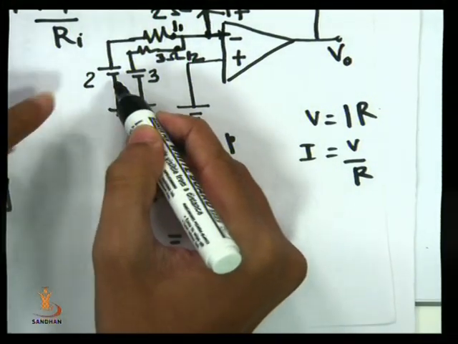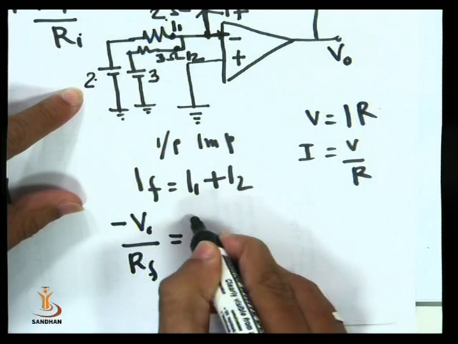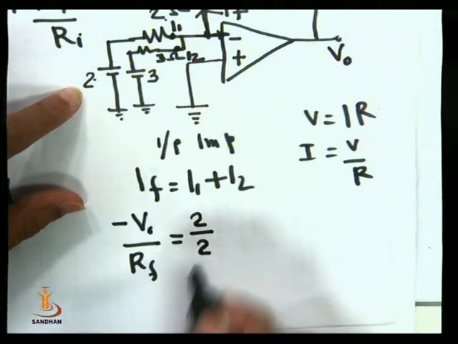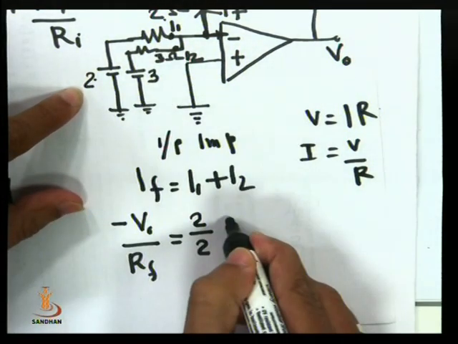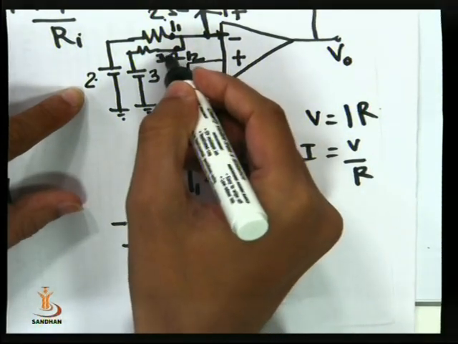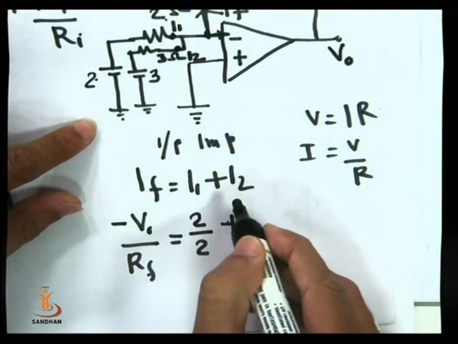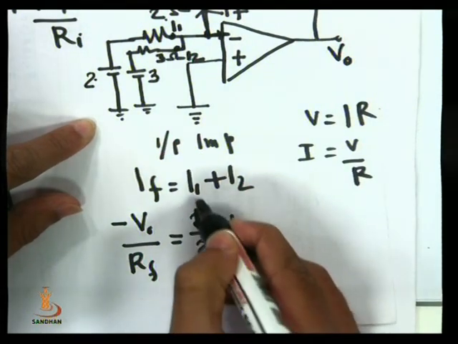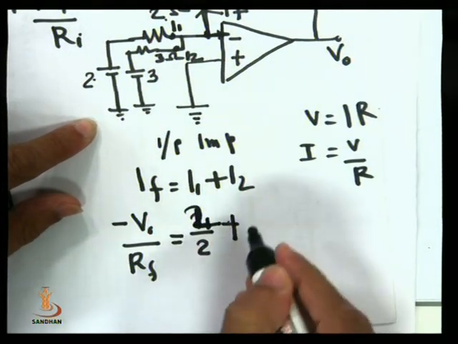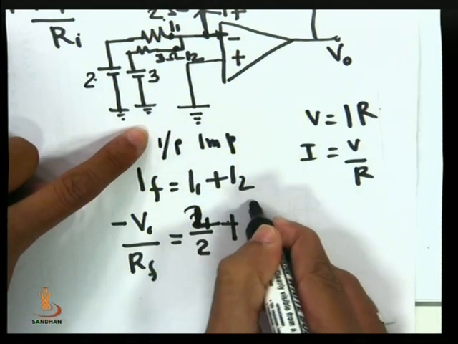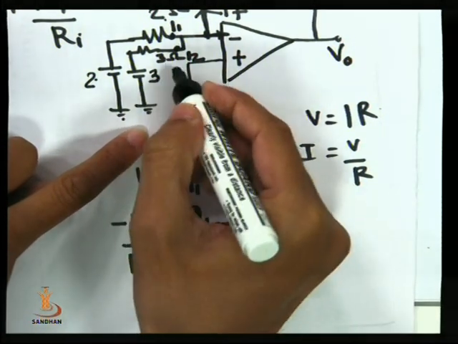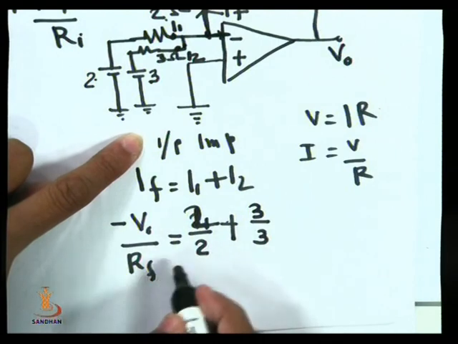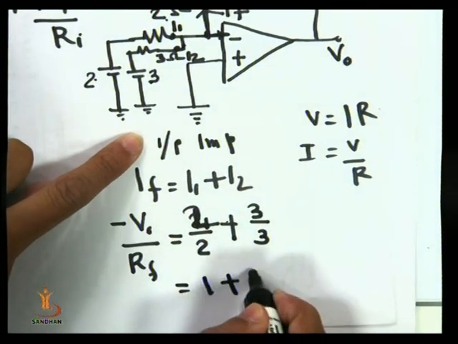I1 is 2 volt upon 2 ohms, and I2 is 3 volt upon 3 ohms, so it is 1 plus 1.